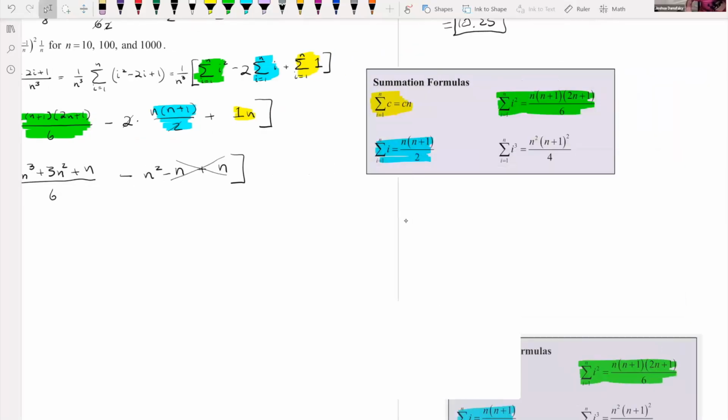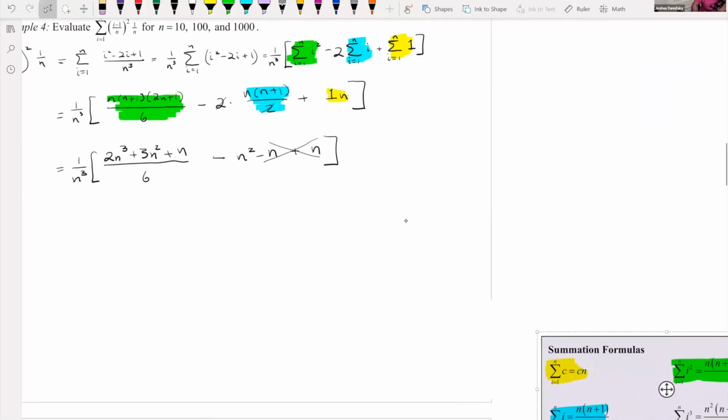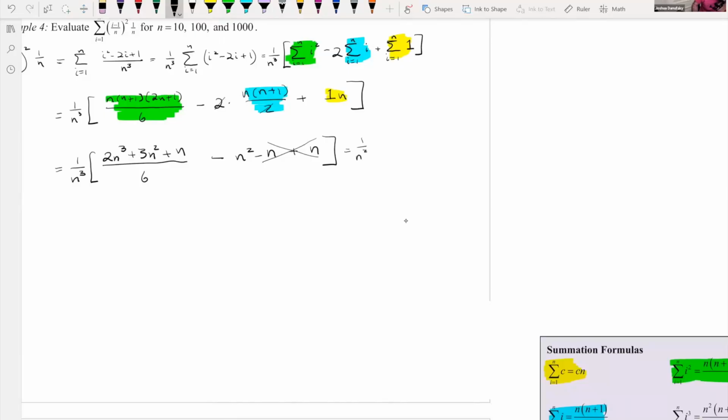Move this out of the way because we're done with that. We've got 1 over n to the third times 2n to the third plus 3n squared plus n over 6 minus, making a common denominator, 6n squared over 6 like that.